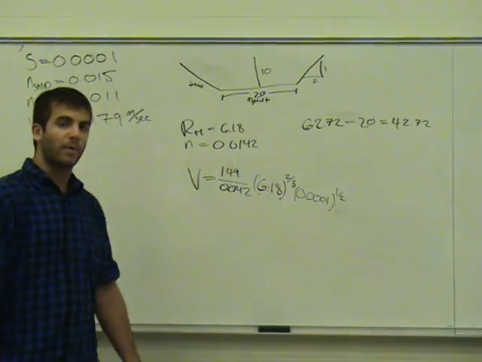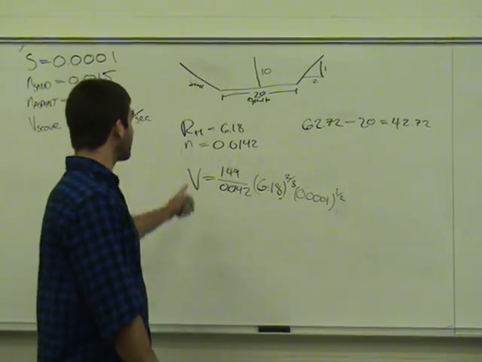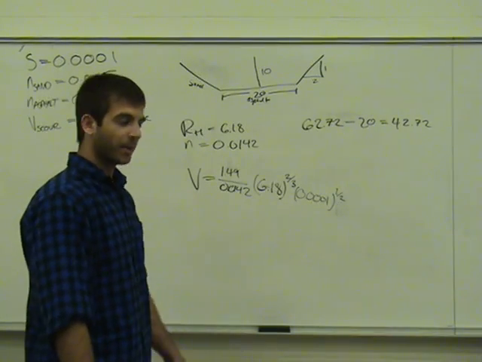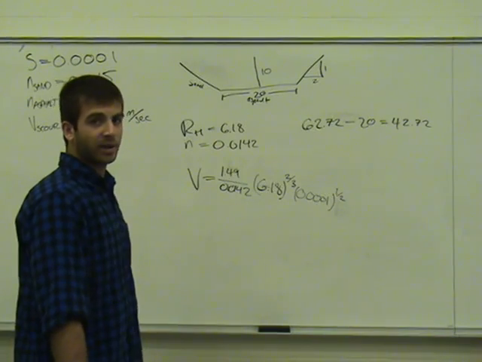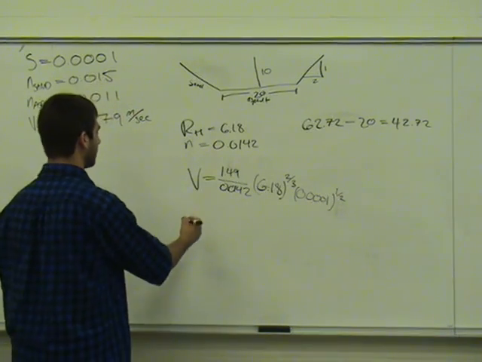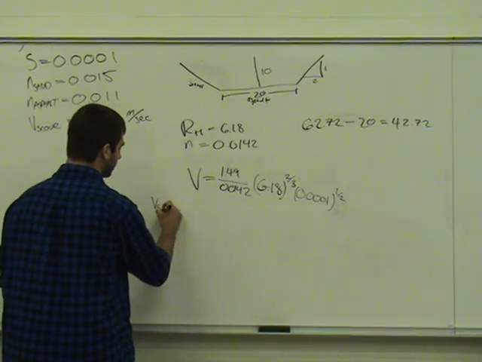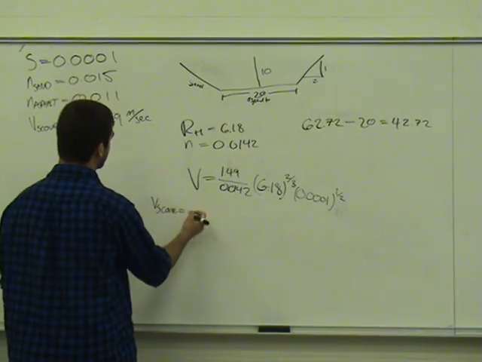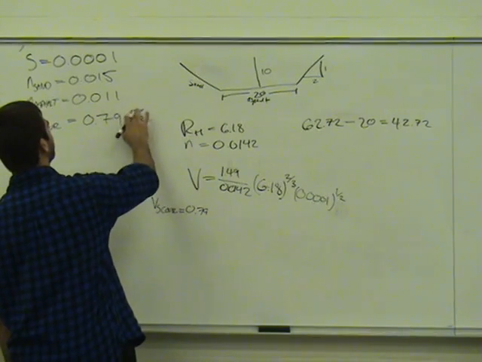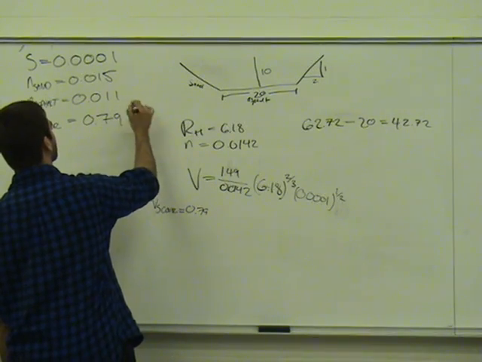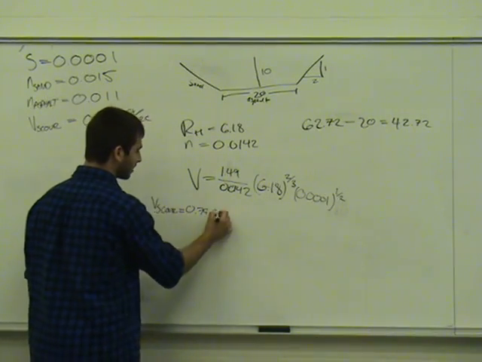All right, so remember, what we're trying to find in this problem is whether the sand on the sides of the channel is going to get scoured away. To do that, we have to figure out the velocity we have right now and compare it to the scour velocity. The scour velocity for sand is 0.79 feet per second.